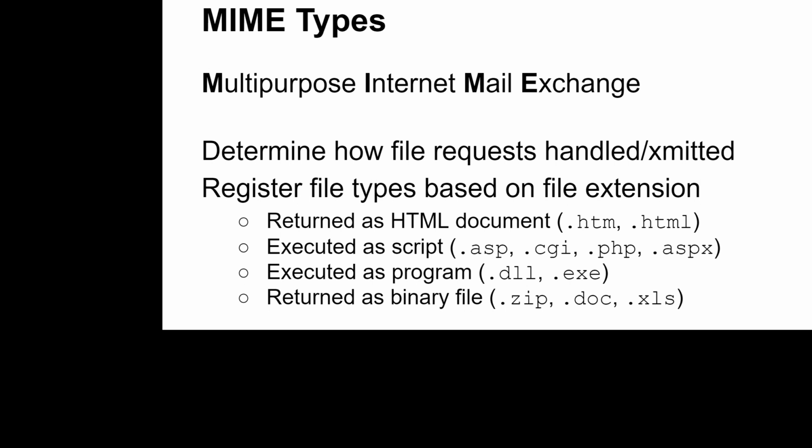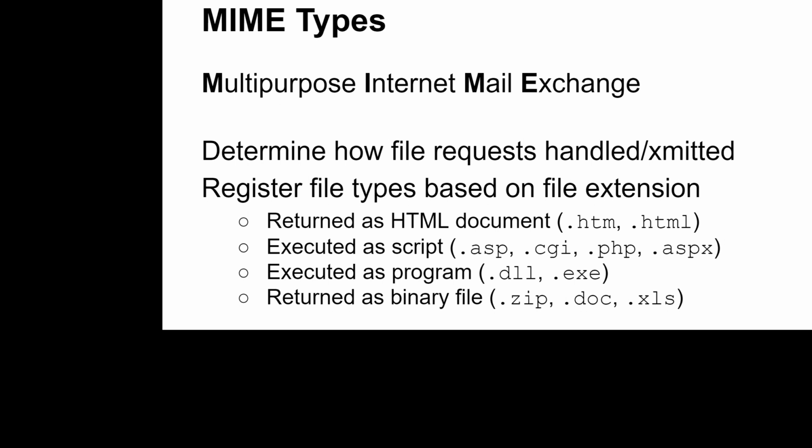MIME types are a method of telling the web server and the web client what type of information is stored, based on the extension of that particular file. For example, a document ending in .htm or .html is typically just plain text.